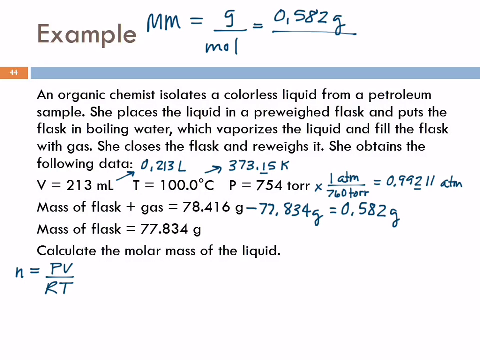So now I've got pressure, volume, and temperature in the correct units. I'm just going to stick them into my equation down here. So pressure, 0.99211 atmospheres. Always, always write your units. Volume, 0.213 liters.